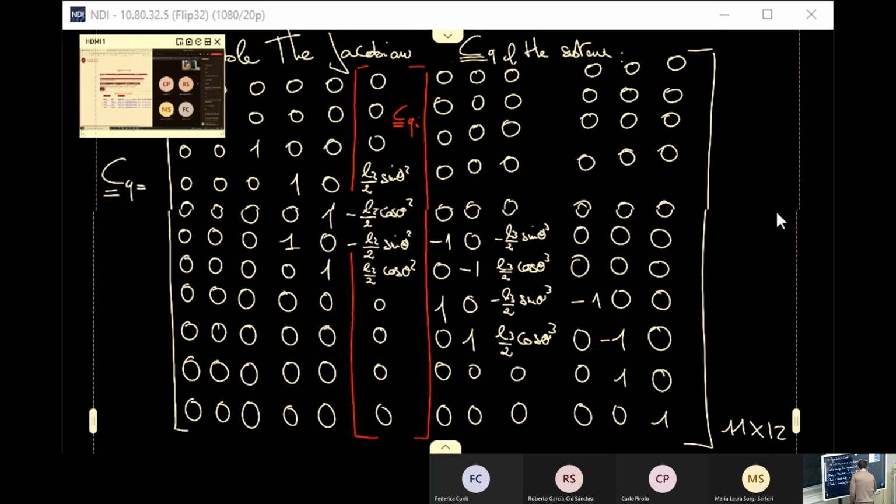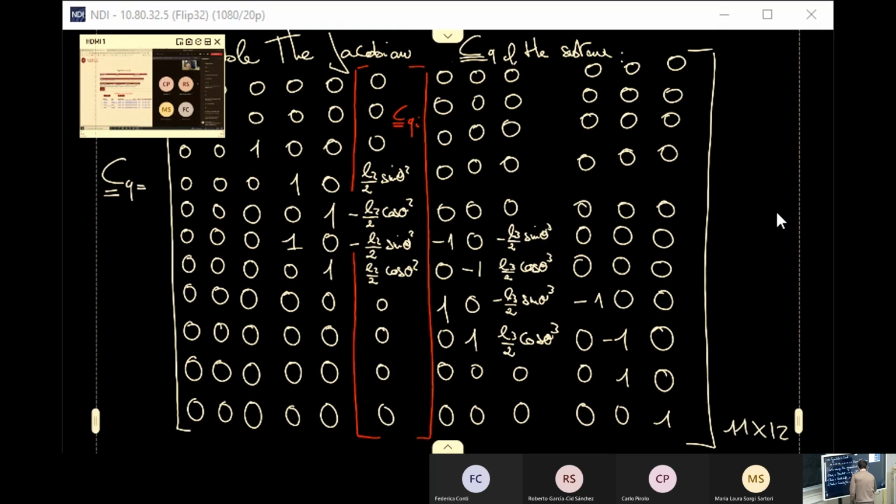So if, for example, we had the sixth and also θ4 as independent parameters, then our CQI would have been the conjunction of the sixth column and the 11th and the 12th column together. And CQD is what is left. Everything that is left is our CQD.